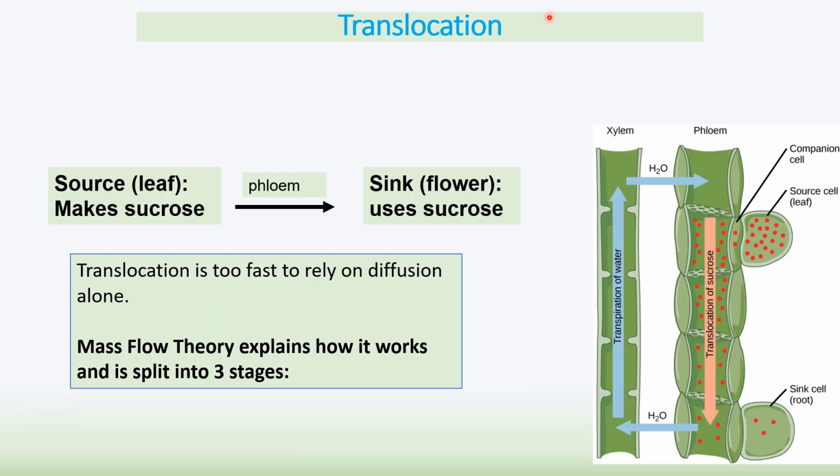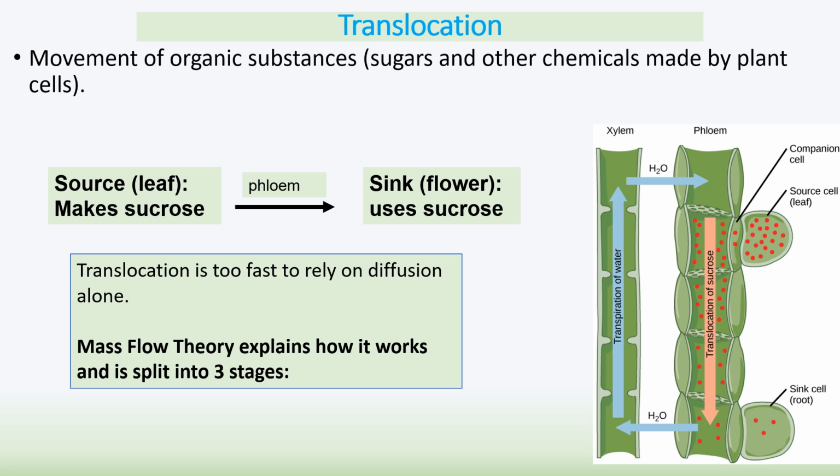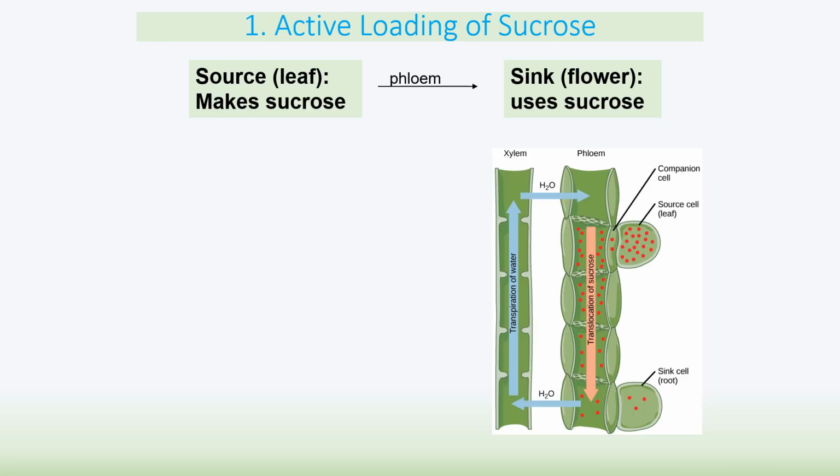So translocation is the movement of organic substances that are made in photosynthesis generally, and that is normally sugars as sucrose. Basically, the sucrose moves from the source, the area where it's been made, to the sink, the area that needs it. And this is done in a couple of stages.